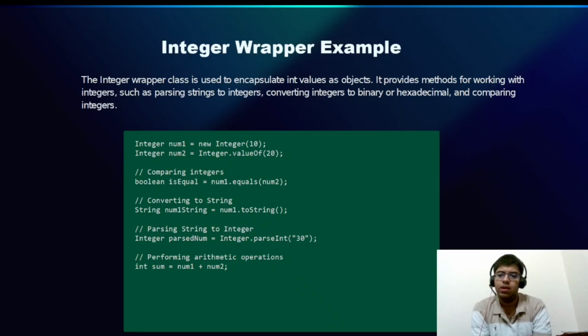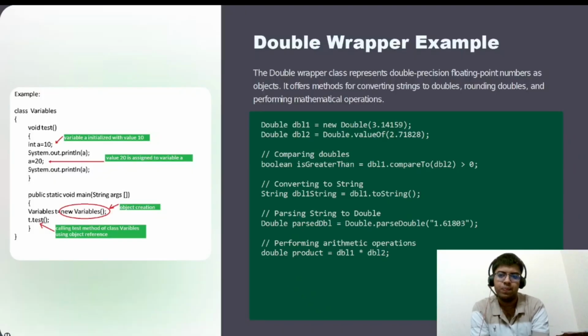Now some example here is given as Integer num1 equal to new Integer(10). Now here normally in our primitive data types we give it as int num1, and here due to the wrapper class we are giving it as the whole word Integer, and all other things remain the same for the code.